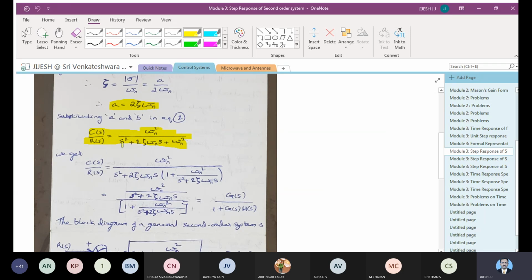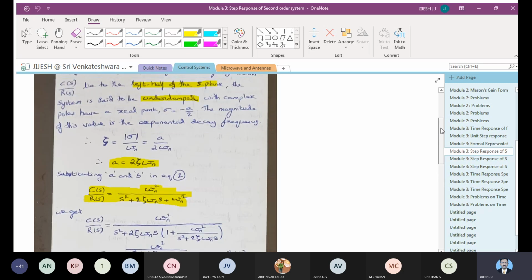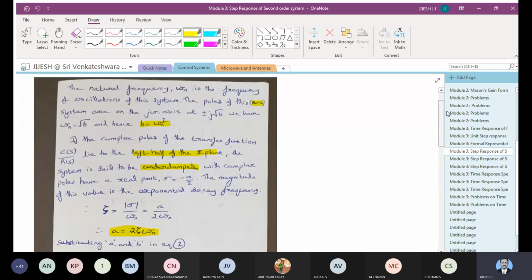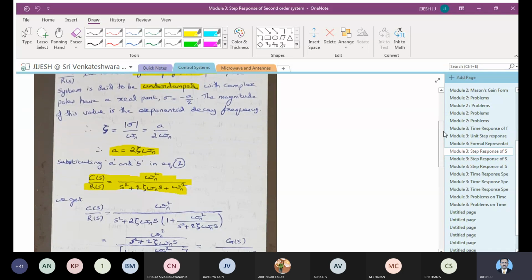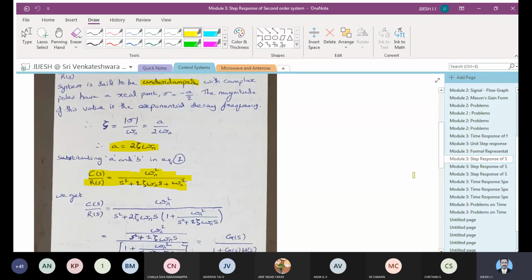So this denominator is what we call the characteristic equation, s square plus 2 zeta omega n s plus omega n square. Again and again, you should remember these things, whatever we study in every class. One or the other things will be interrelated to the other topic. So this is what the characteristic equation is, s square plus 2 zeta omega n s plus omega n square.